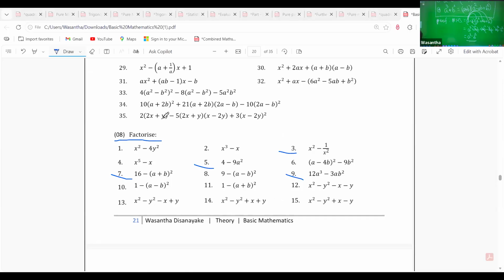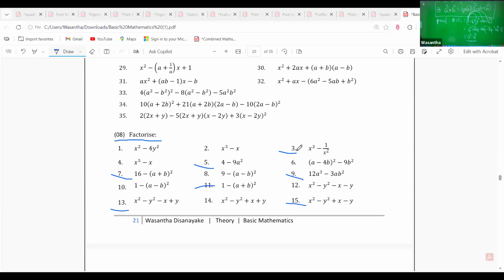Factorize. These should be factorized by the knowledge of the difference of two squares. Please keep in mind the difference of two squares. Then after the 9th one, we can go to the 11th, then the 13th. The 13th is a very good question, and the 15th.